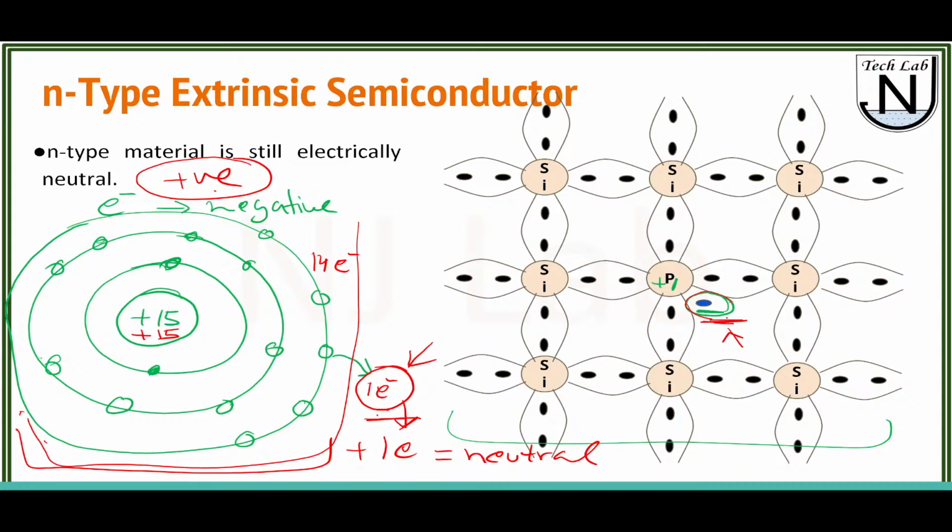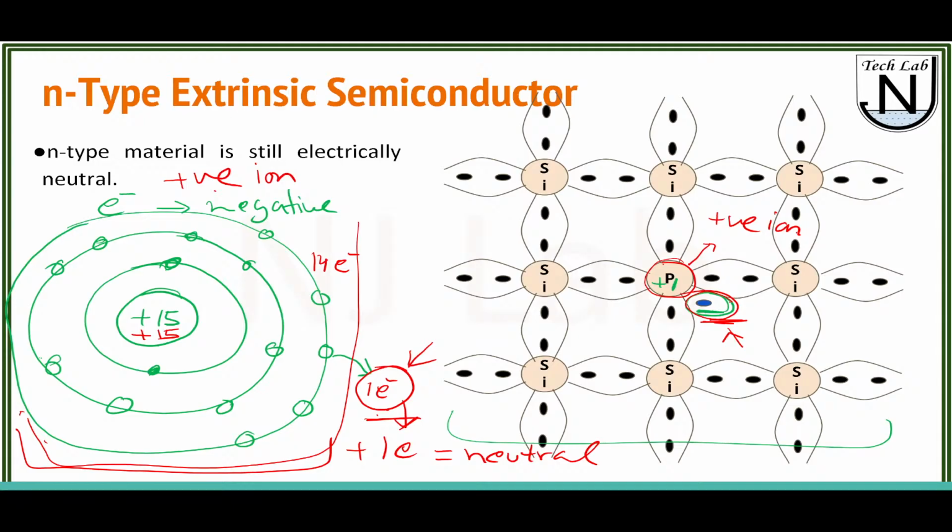When this electron is free, the remaining part of this phosphorus becomes positive, and we call it a positive ion, because one electron is detached from this phosphorus atom. So this phosphorus atom is known as a positive ion, right?